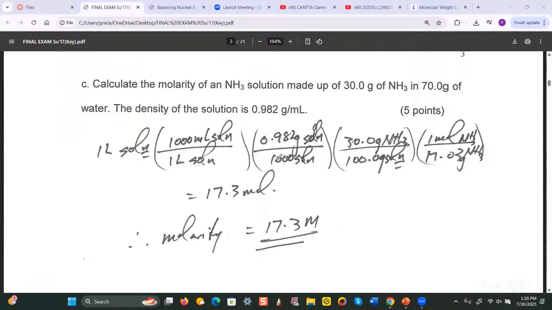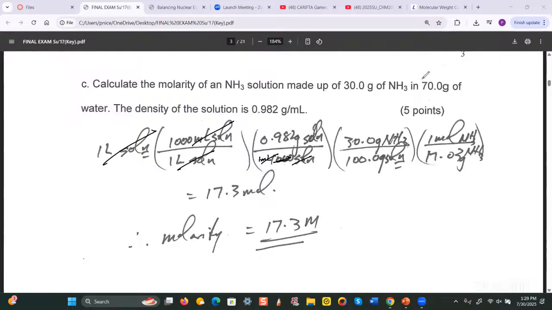So this should be 1 mL. Right? I think the answer works out to be what it should be anyway, but that should be 1 mL, right? So the liter units will cancel out here and here. The milliliter units will cancel out here and here, right? So up to this point, we have the grams of the solution.